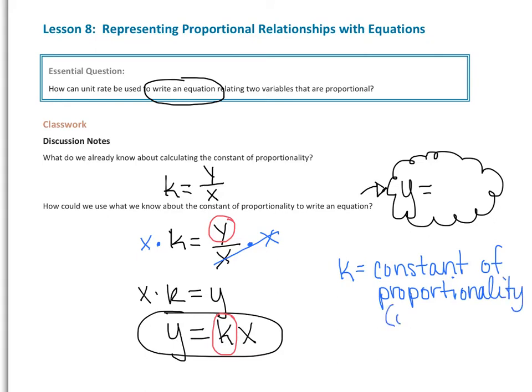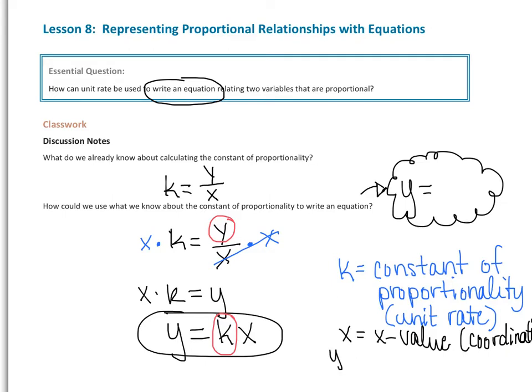We also call this our unit rate. Then x in the equation represents our x values, or on our graph it would be our x coordinate. And then y in the equation represents our y value, or on our graph, our y coordinate.